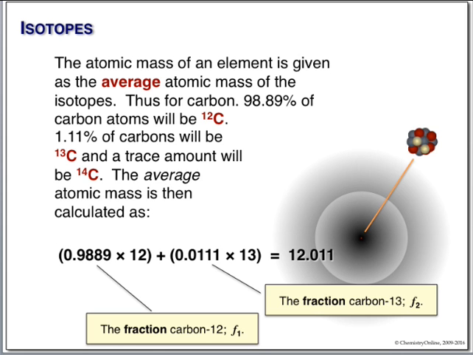So 98.9% is the same as 0.989, and the same thing for 1.1%. Just divide the percentage by 100 to get back to your fraction.